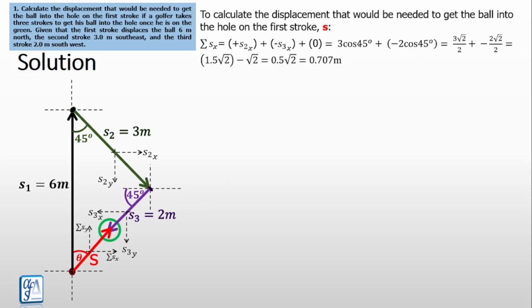That will equal 3 cos 45, which is root 2 over 2, plus the minus 2, root 2 over 2, plus 0, which is out. So we have 1.5 with 2 minus root 2, which will give us 0.707 meter. So this is the resultant of all the horizontal components of displacement.